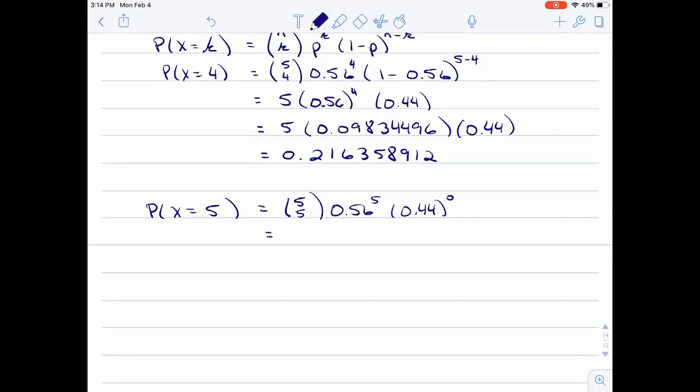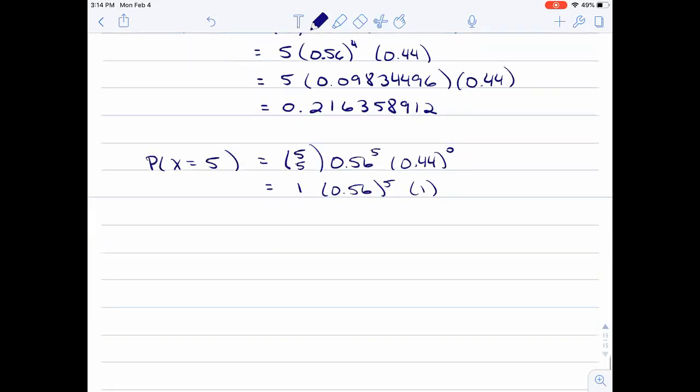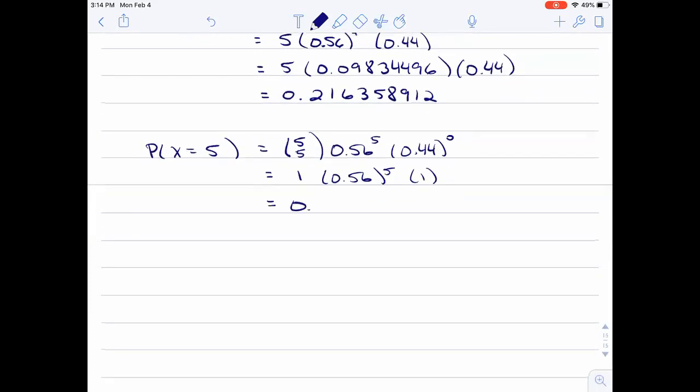There's only one way that I can hit every single time. So 1 times 0.56 to the power of 5 times 1. So it's really going to be 0.56 to the power of 5, 0.055073178.